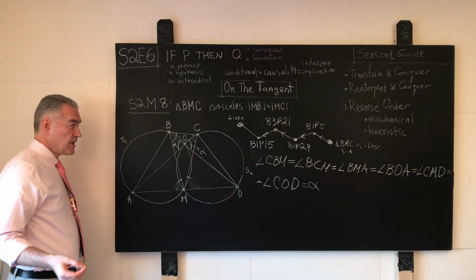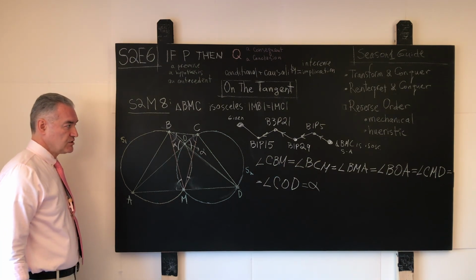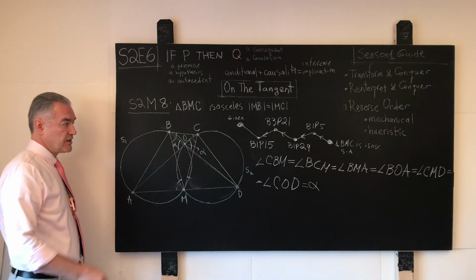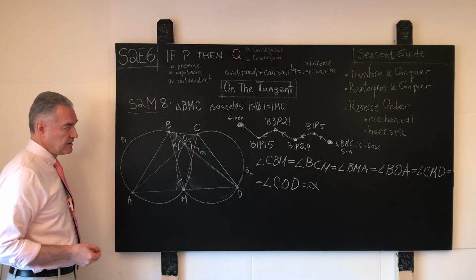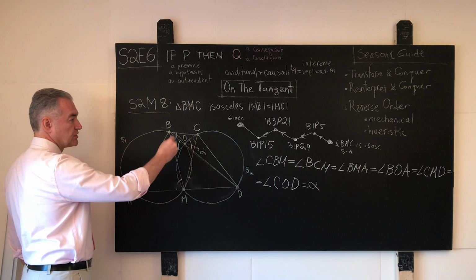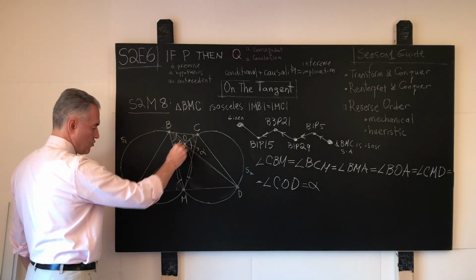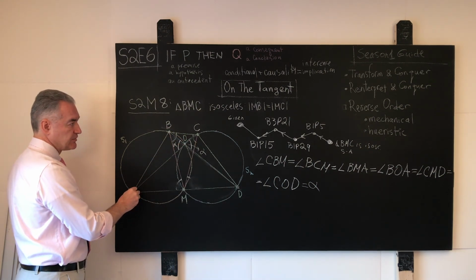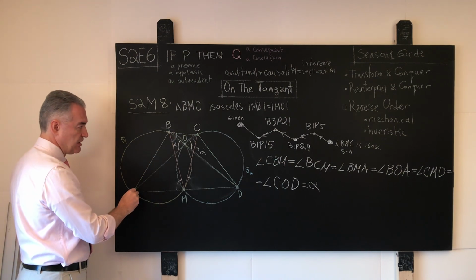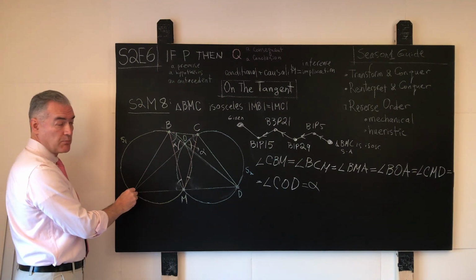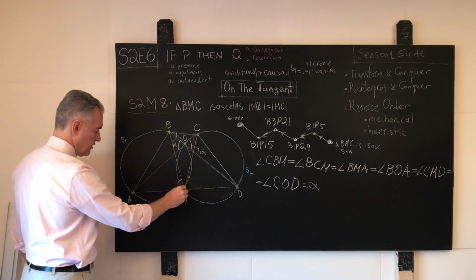Then, from that implication, you will present your idea by using the circles. The angle BOA, for example, subtends the arc BA, which is also subtended by the angle BMA.